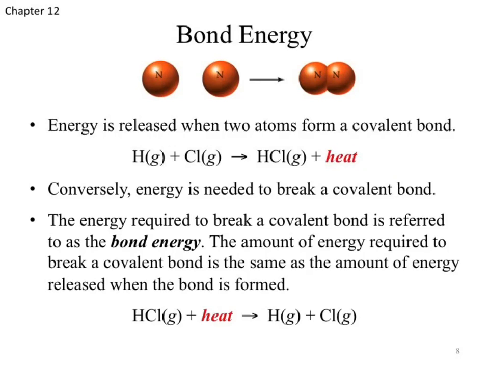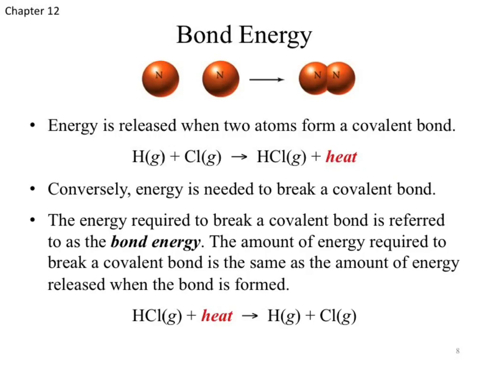So we need to make sure that when we define and use these numbers, we understand exactly what they're referring to. The bond energy is defined as, I turn around to read the slide, the required energy to break a covalent bond. What should the sign be for your bond energy?